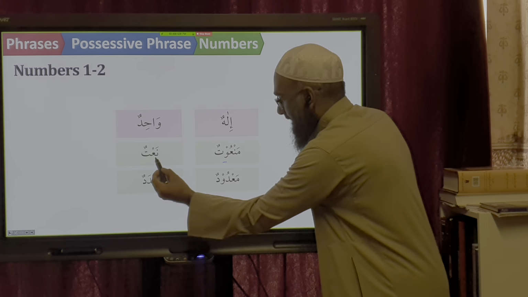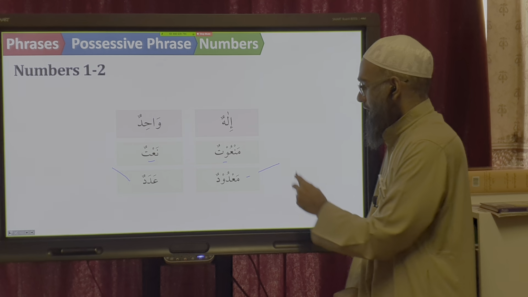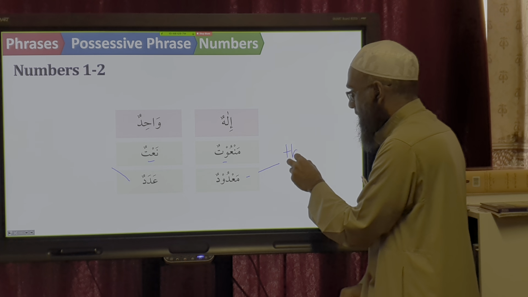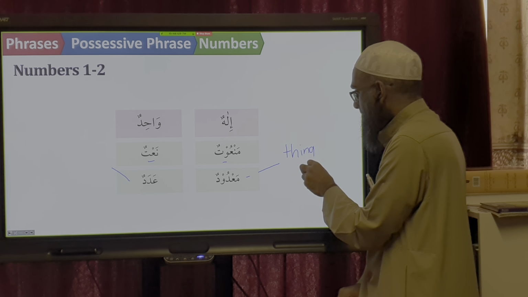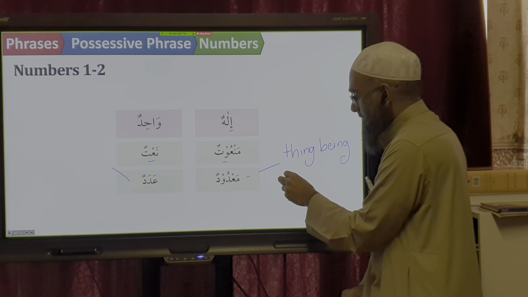Now when you do tarkib, along with labeling it as man'oot and na't, you need to label two more things, ma'dood and adad. Ma'dood is ism al-maf'ul, meaning what? The thing being counted.